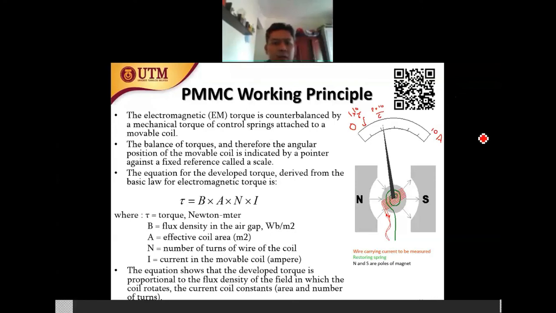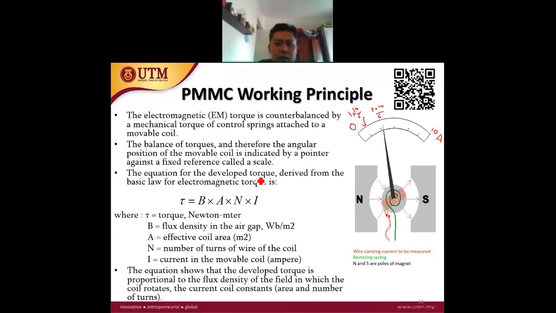Okay, so the developed torque is given by this formula, where the torque is proportional to the flux density of the permanent magnet. We have a permanent magnet, we have the magnetic field. The torque is also proportional to the effective coil area.